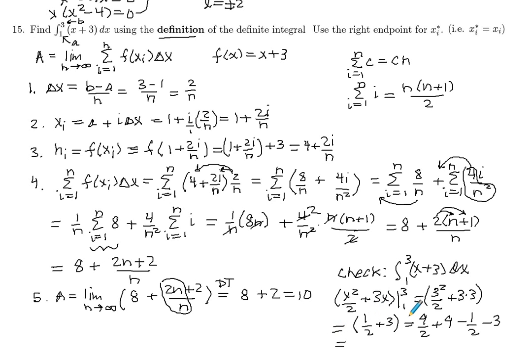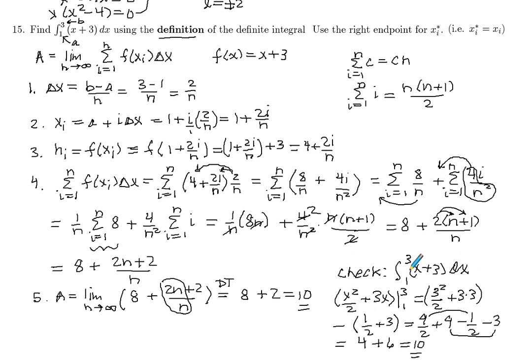This is the minus sign, and this is the equal sign. So 9 halves minus 1 half, these two are 8 halves, which is 4. And then 9 minus 3 is 6. So 4 plus 6, 10. And that's what we got here. So we know we did it right. So you can always use the fundamental theorem to check.